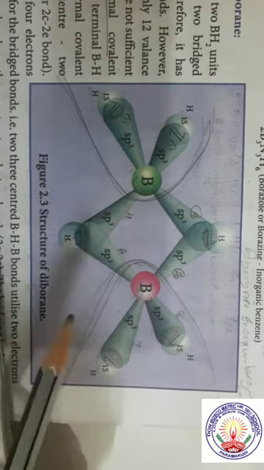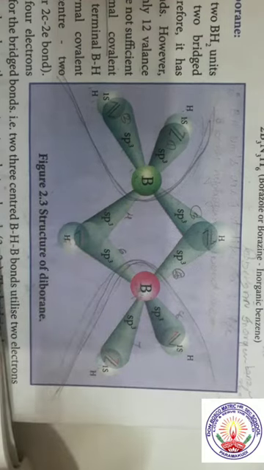We have 2 BHB bonds, and each uses 2 electrons. Hence these bonds are 3C-2e, that is, 3 centered 2 electron. The center is 3: 1, 2, 3. 3 center 2 electron.